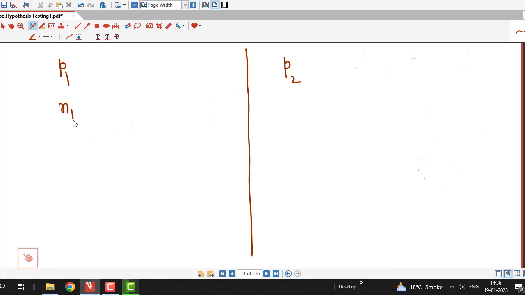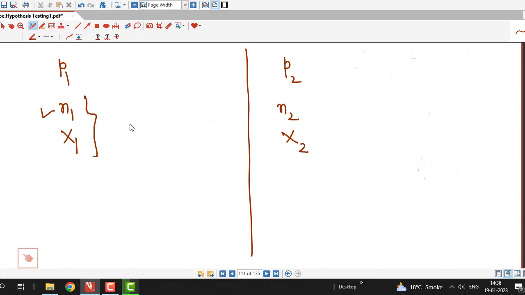Suppose we consider a sample of size N1 from population 1 and a sample of size N2 from population 2. Suppose X1 is the number of observations with the particular class of interest in the first sample, and similarly X2 is the number of elements with the particular class of interest from the second sample.